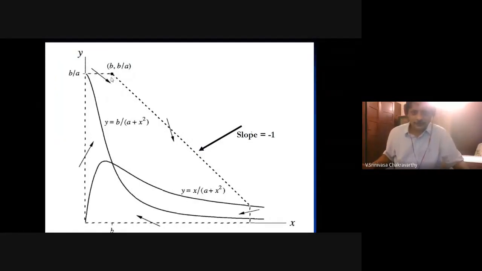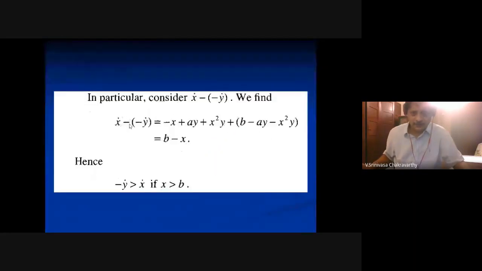Now from this point onwards, draw a line of slope -1 and extend it until it intersects the external line. What we need to show is that on this part of the contour, the flow is inwards. How do we show that? Take the expression x dot minus of minus y dot. If you do this, you get b minus x.